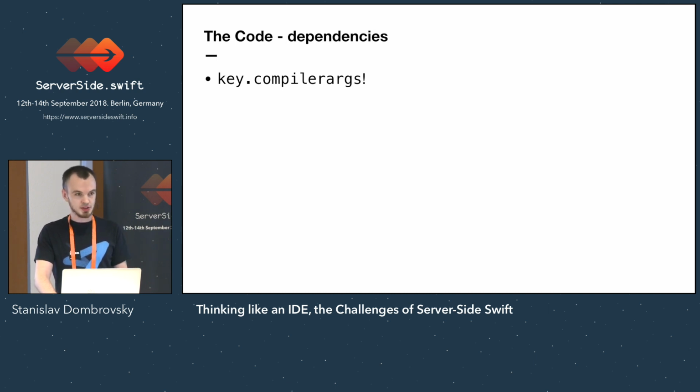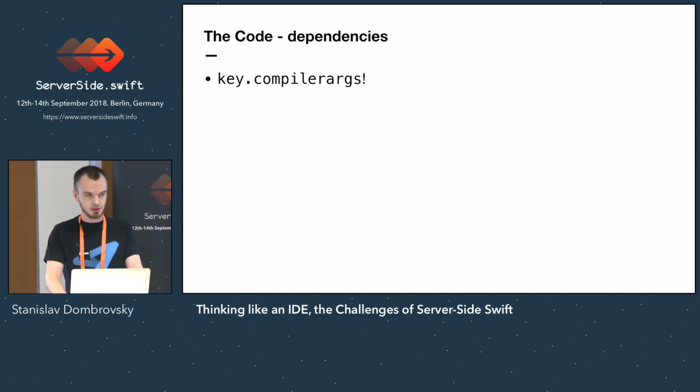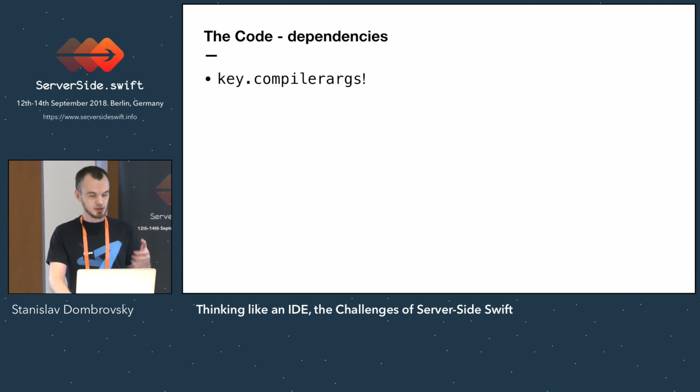These compiler arguments are another representation of the project model. So SourceKit knows which dependencies your project has, which information it needs to take into account to build all the code assistant actions. And here, if we do not submit all the compiler arguments, we can miss some dependencies, can have some false warnings and errors and so on, or the code completion or any code assistance won't work at all.